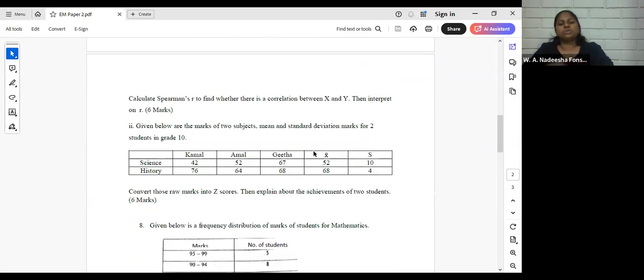Given below are the marks of 2 subjects: mean and standard deviation marks for students in grade 10. Convert those raw marks into Z, then explain the achievements of the students.